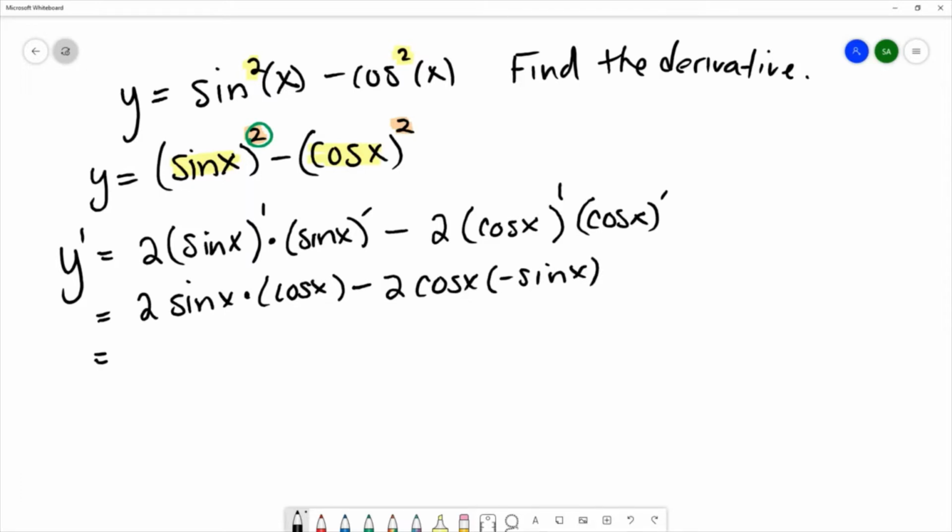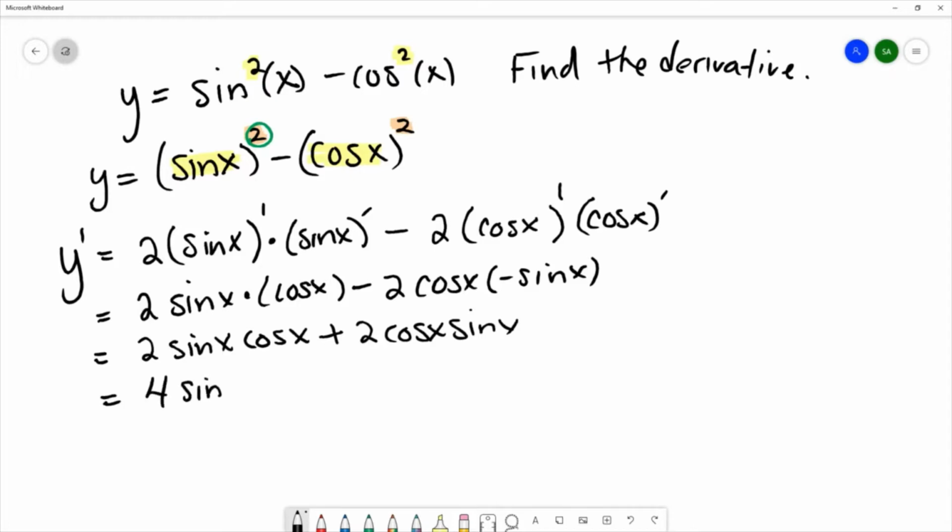Then I'll simplify. I have 2 sine x cosine x. Negative times negative is a positive, and I have 2 cosine x sine x. Now these two terms are like terms, so I'll be able to combine them together to give me 4 sine x cosine x.